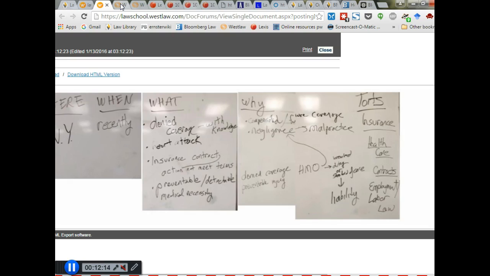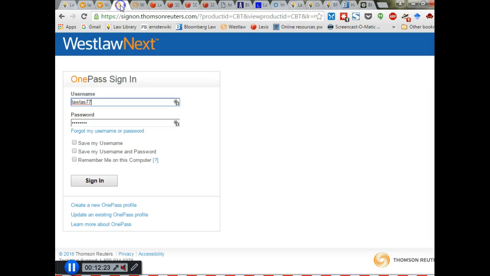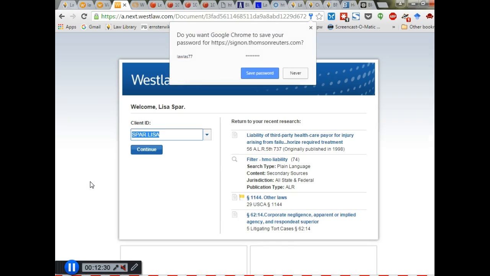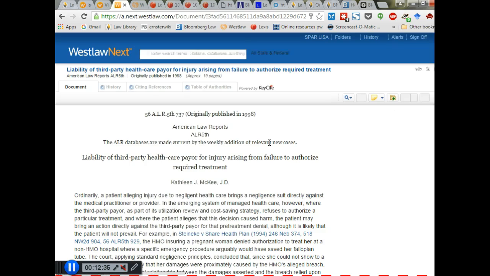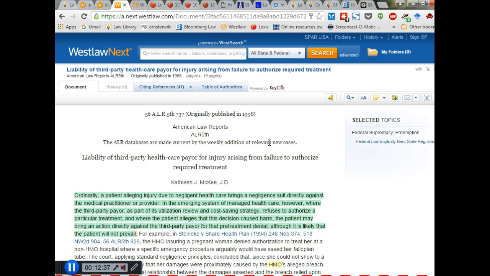But we were able to find in the H volume of that index liability for third-party healthcare payors, and that led us to another ALR 5, volume 56, and we opened that up, and there was a nice summary at the beginning, which basically said that a patient alleging an injury due to the denial of coverage can sue an HMO, but their odds of winning are very slight, and that's a very heavy burden to carry.